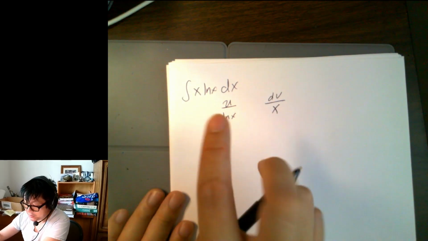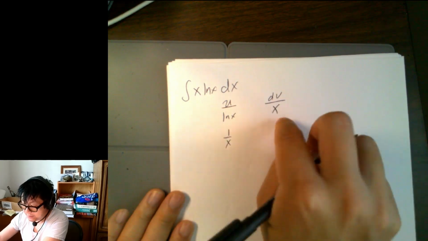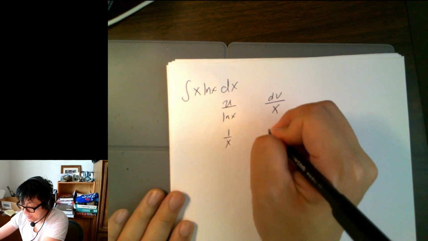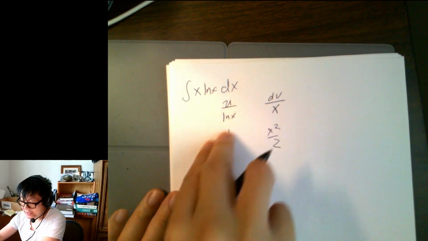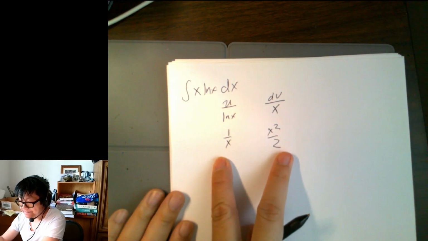What happens is the derivative of this is 1 over x. The integral of this is x squared over 2. When you end up with just x's along a row, that's a good sign that the integral of v du will in fact just be an integral of powers of x.